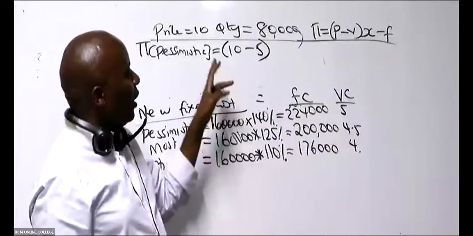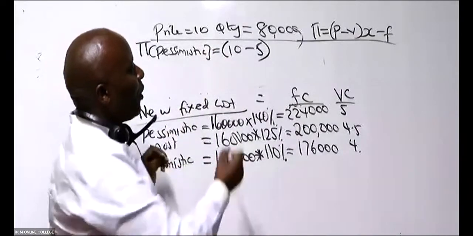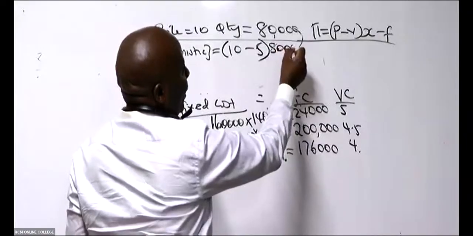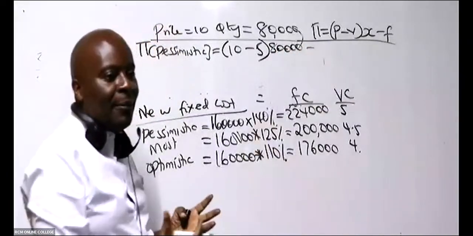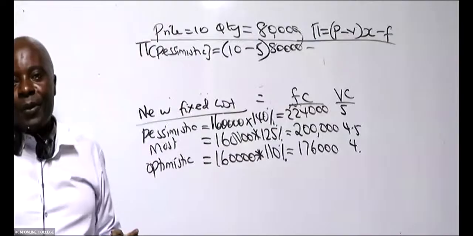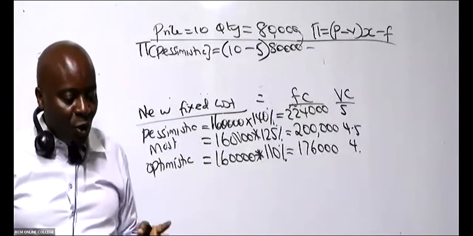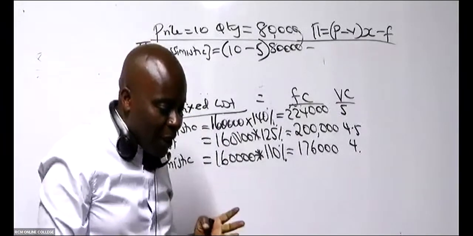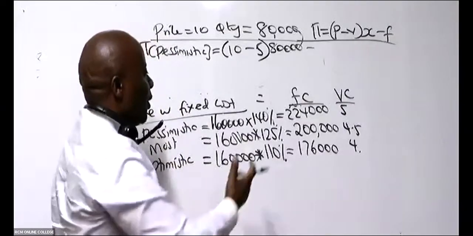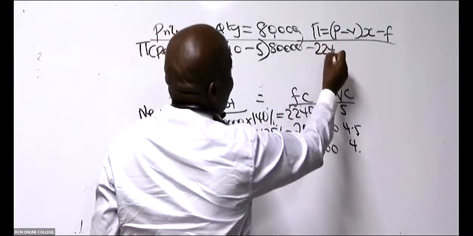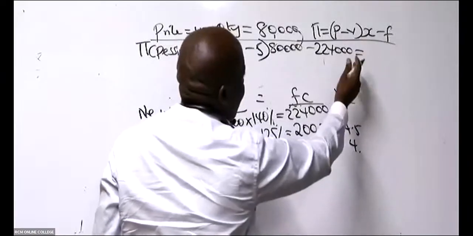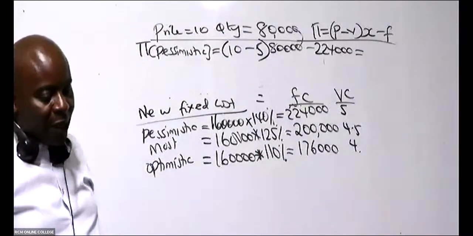You have said, if we charge a price of 10, the quantity will remain at 80,000. Do we know the pessimistic fixed cost? Anybody who is able to see the pessimistic fixed cost? The online guys are not seeing it. Pessimistic fixed cost is 224,000.